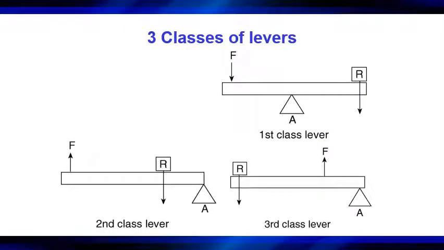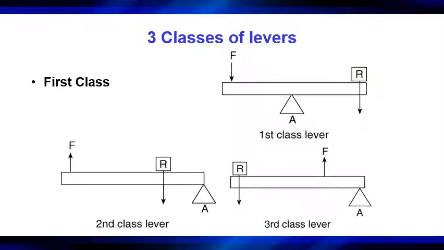Okay, so looking at this picture, you have your three classes of levers. Here is your first class lever. Notice the relationship of the force arm, the resistance arm, and the axis. In a first class lever, the axis falls between the force arm and the resistance arm.